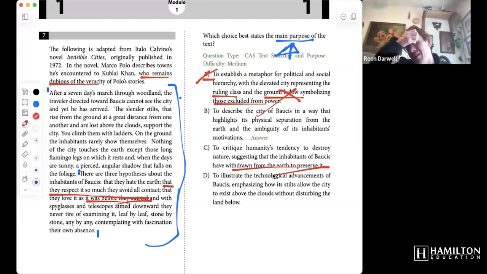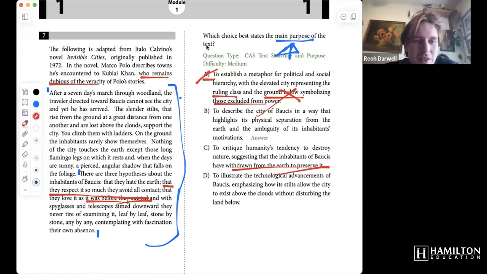But is that the main claim? No, I don't think we can say that, because there's another hypothesis right above it, which is the exact opposite of C, right? That they hate the earth, right? And additionally, to say that the main purpose of this passage only comes from these last sentences, these last clauses, means that this can't be the main purpose, but it definitely is in this case, okay?